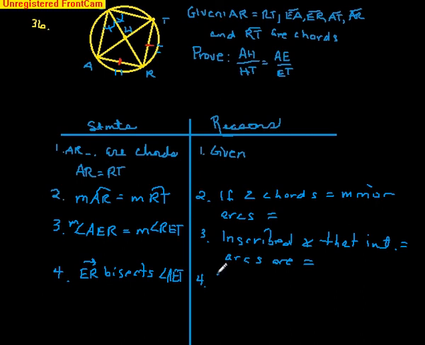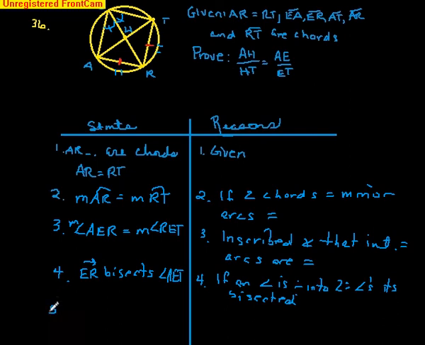So if an angle is divided into two equal angles, it's bisected. Hard to write on this thing. Sorry, it's just floppy.